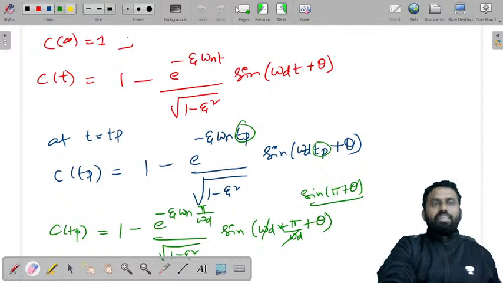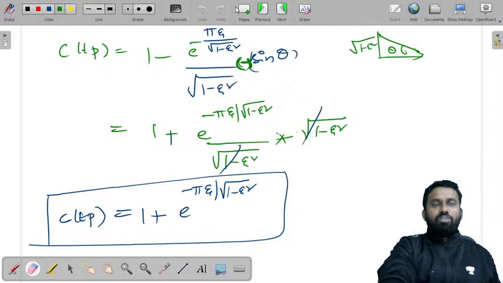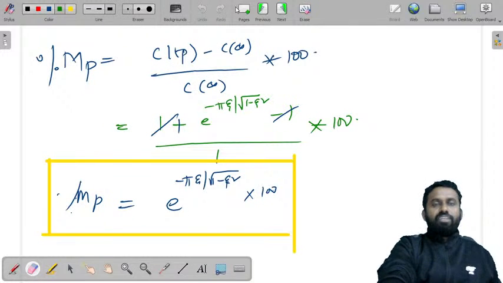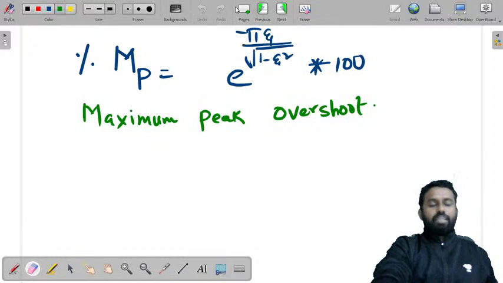We have taken this and found the C of infinity and C of Tp also. Then we have substituted. Then we got C of Tp, C of infinity and substituted in this. Then we got this MP.